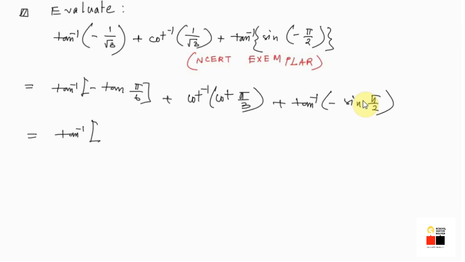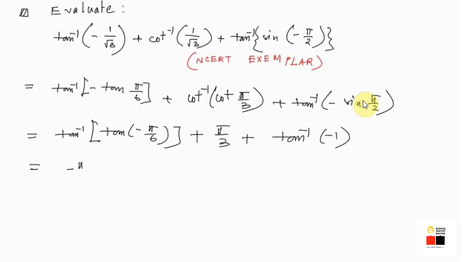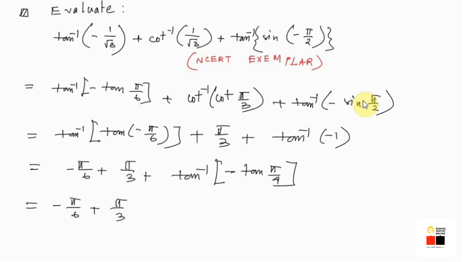Tan inverse tan minus pi by 6 plus pi by 3 plus tan inverse minus 1, minus pi by 6 plus pi by 3 plus tan inverse minus tan pi by 4, minus pi by 6 plus pi by 3 plus tan inverse tan minus pi by 4.